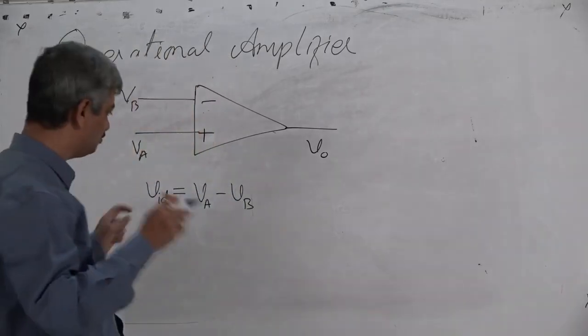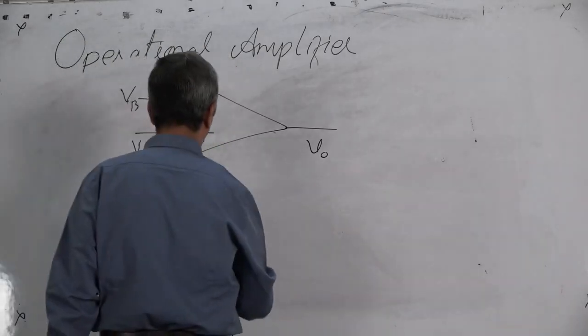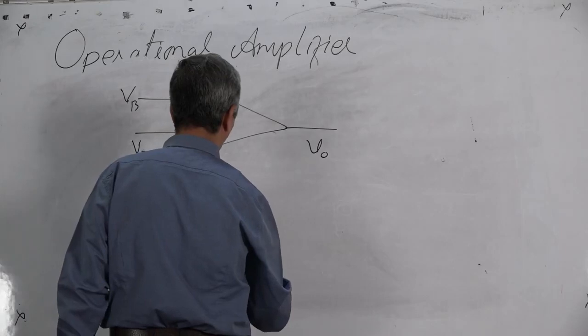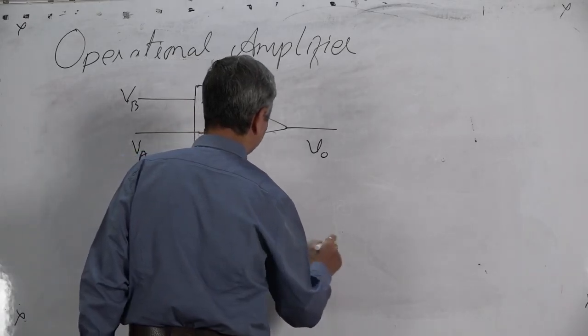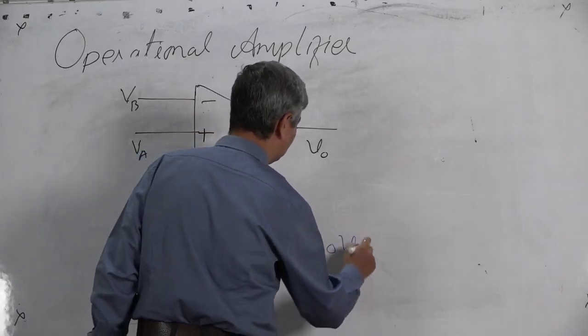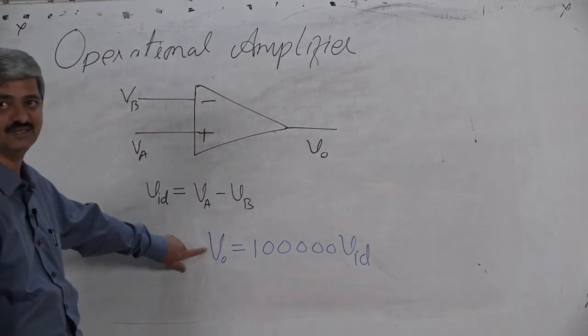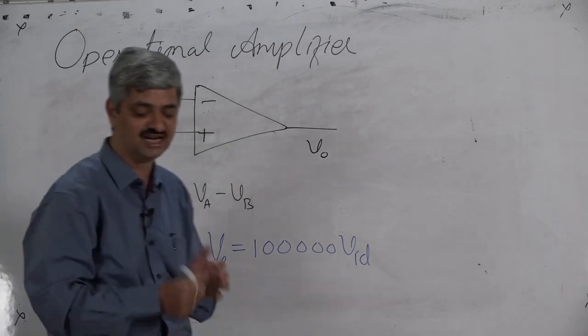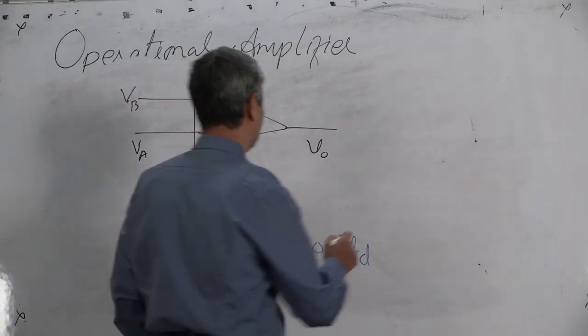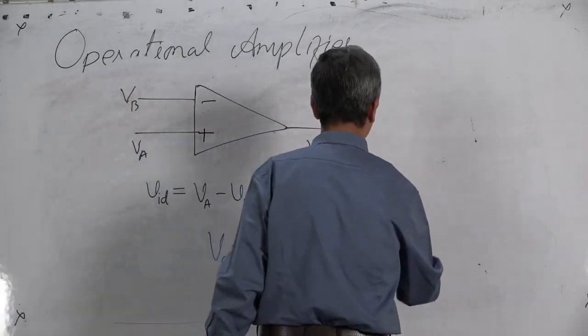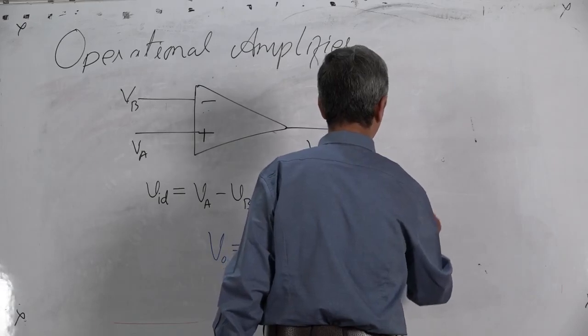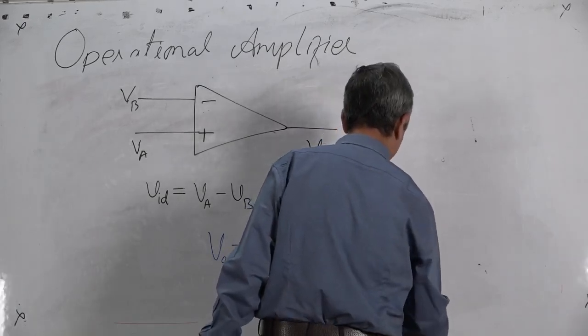The op-amp equation is very simple: VO is equal to 1 lakh into VID, but this is not an unconditional equation. There are stringent conditions put, subject to the condition that it is between plus 15 and minus 15.